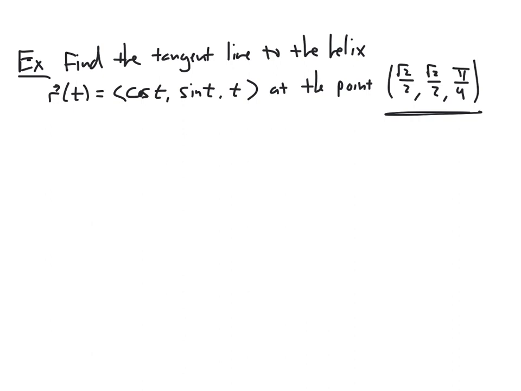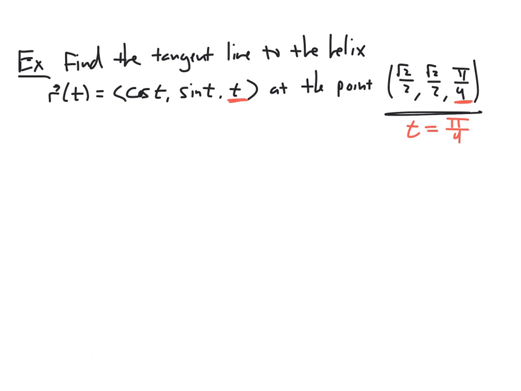In this case, it's pretty easy to figure this out because one of our components is actually t. And so the third component in this particular function is going to always give me the appropriate t value. So this point here corresponds to a parameter value of t is pi over 4. Right? So I'm just going to record that because we can see it pretty quickly, and we are going to need that in a moment.